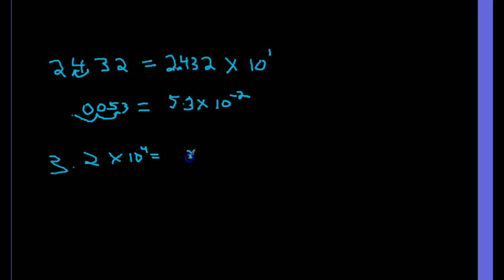So it's 3.2. You move it 4, because it's positive, we want this to be greater than 1. So 1, 2, 3, 4. Fill those in, and your number is 32,000.